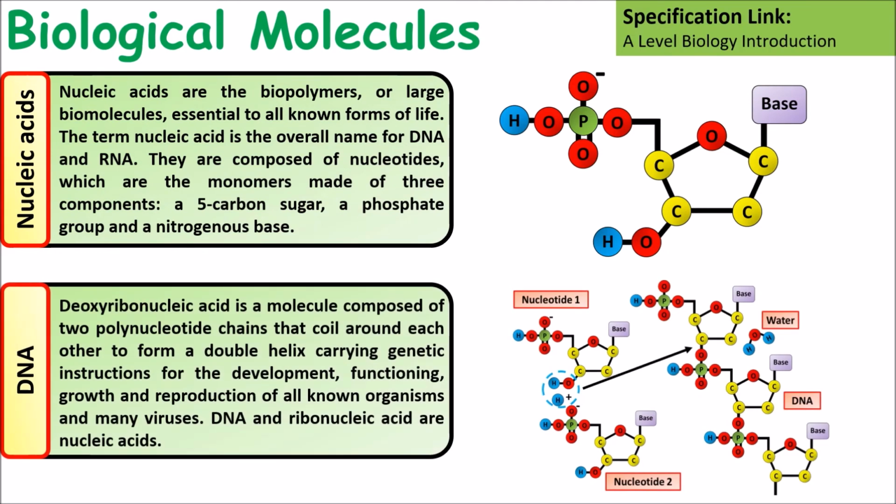DNA, or deoxyribonucleic acid, is a polymer made from nucleic acid. It's important to remember that DNA forms a structure called a double helix, where all of the base pairs match up or pair together, and that is what carries a person's genetic code.